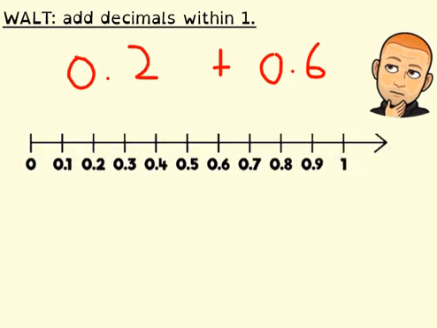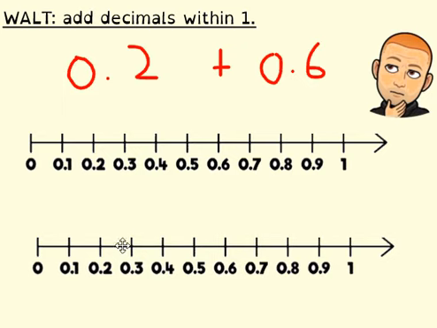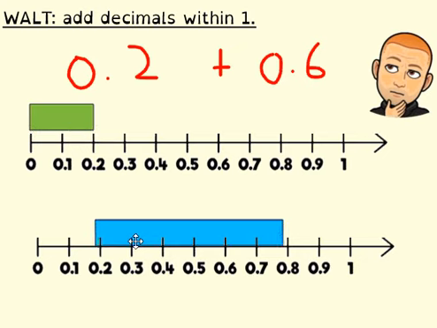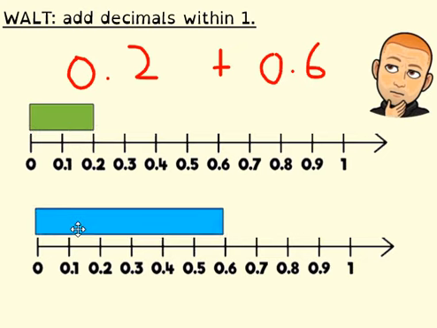If you're not as confident with doing that, you need to picture a number line in your head. You need to be able to picture 0.2, and you need to be able to picture 0.6. And what you are doing, you're adding on, you're finding the total.